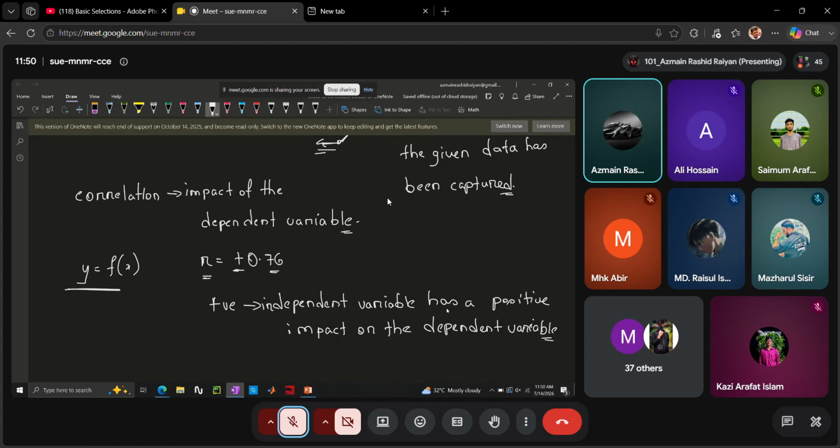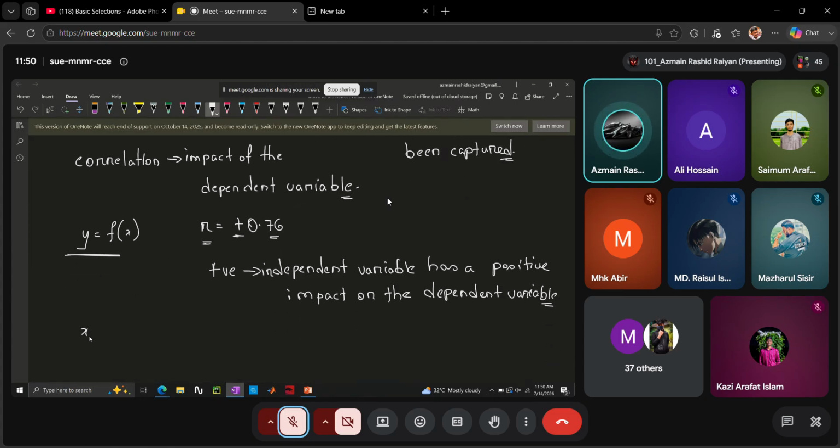That is, if I increase the value of x, then proportionately the y value will also increase.